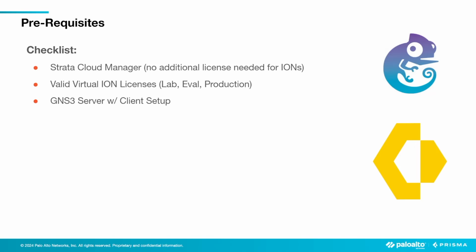We are also expecting that you have virtual ION licenses that you are going to be able to use when you're following along to get these devices licensed, whether these be lab, eval, or even production. And lastly, our GNS3 server. I'm using the client. You can do the same thing with the web GUI, but it may not be like for like.